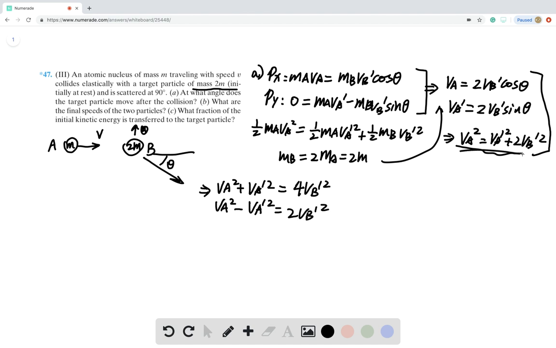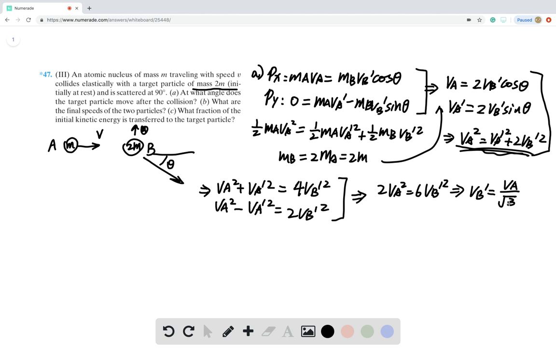Yep, so this is just rearranging this equation. And from this, we can find VA and VA prime in terms of VB prime. If we add these two equations together, what we get is 2VA squared equals 6VB prime squared. Or in other words, VB prime equals VA over square root 3.